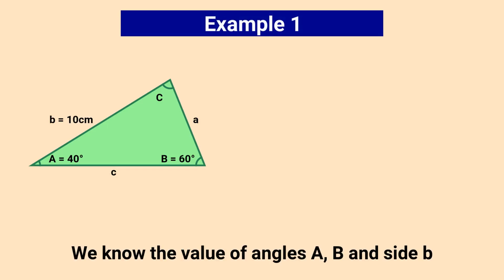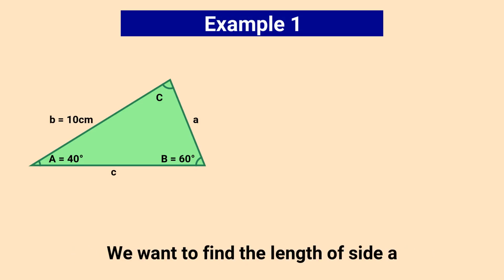Here is an example. In this case, we know the value of two angles on one side, and we are trying to find the length of another side. Angle B is 60 degrees, and the opposite side is 10 centimeters long. Angle A is 40 degrees, and we want to find the length of the opposite side.